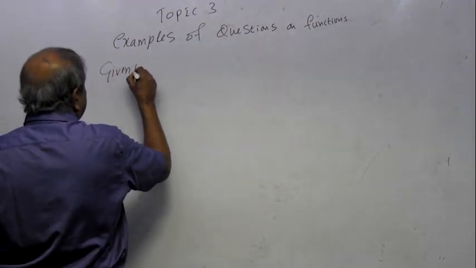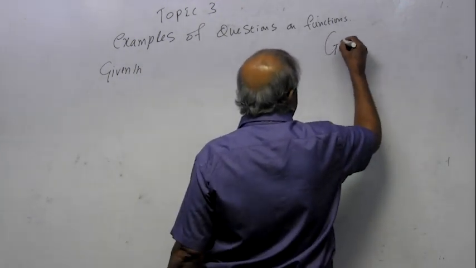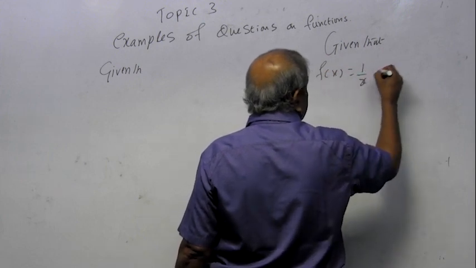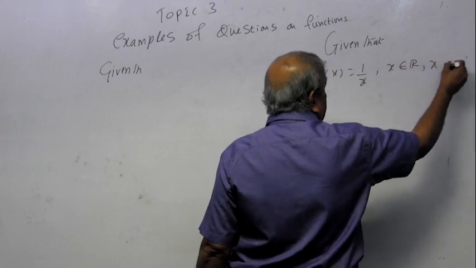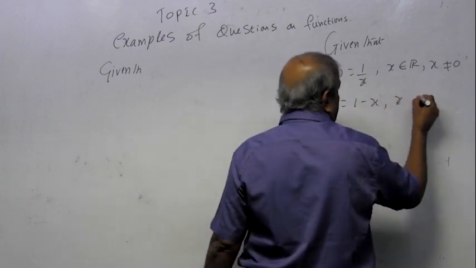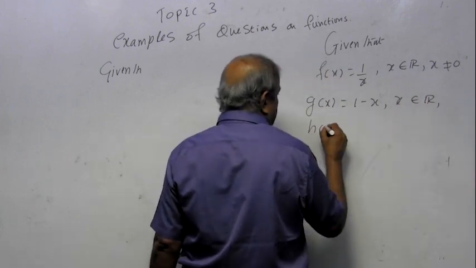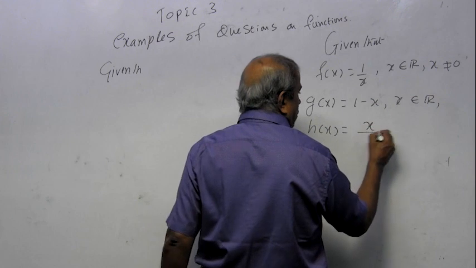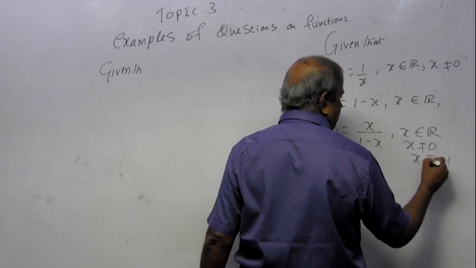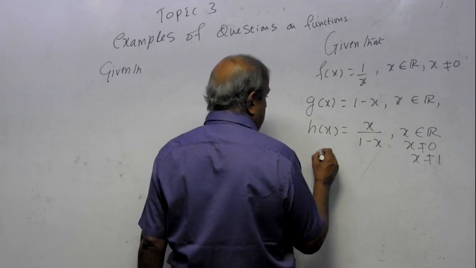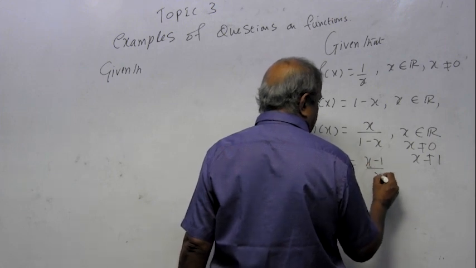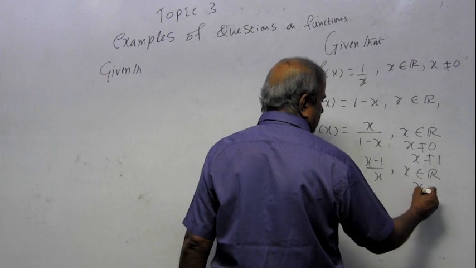Given that f of x equal to 1 over x, x belongs to R, x not equal to 0; g of x equal to 1 minus x, x belongs to R; h of x equal to x over 1 minus x, x belongs to R, x not equal to 0, x not equal to 1; and then j of x is x minus 1 over x, x belongs to R, x not equal to 0.